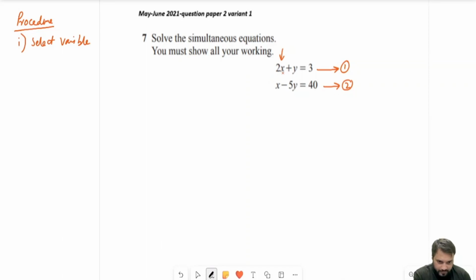The coefficient of x is 2 in the first equation and the coefficient of x in the second equation is 1. We need to make similar coefficients. Second step, make similar coefficients. In order to do that, I'm going to multiply equation 2 because we need 2 here, so then they will be the same.